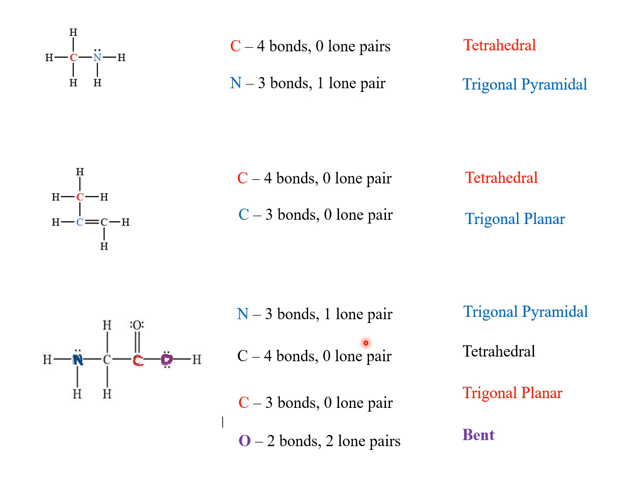So after you complete the structure, adding lone pairs to give octets for each atom, then predict the shapes. Without adding lone pairs or completing the structure, predicting the shapes can be incorrect. So first complete the structure or check the structure is correct with octets around the atoms, and then predict the shapes. Thank you everyone.